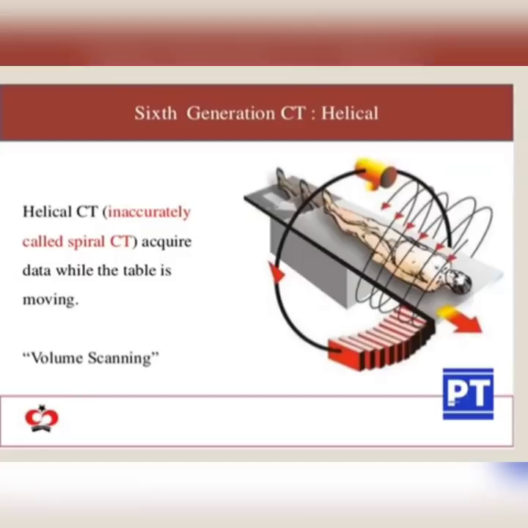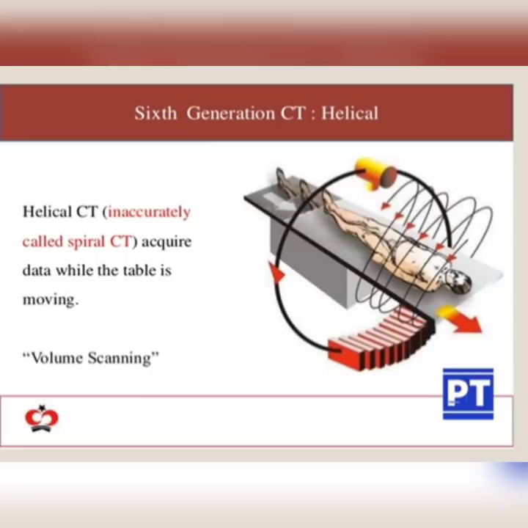Sixth generation CT, or the helical CT. This is the advanced one, helical CT, inaccurately called spiral CT. It is also known as spiral CT. It acquires data when the table is moving. Here we are getting volumetric data of images. Here you can see the patient is lying on the couch. The table the patient lies on is known as the couch.